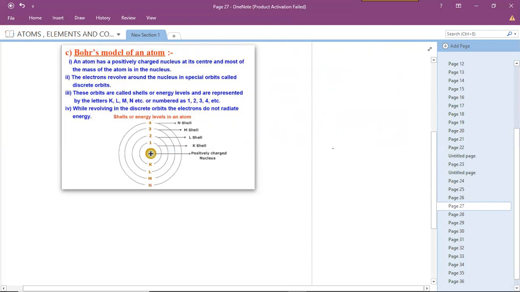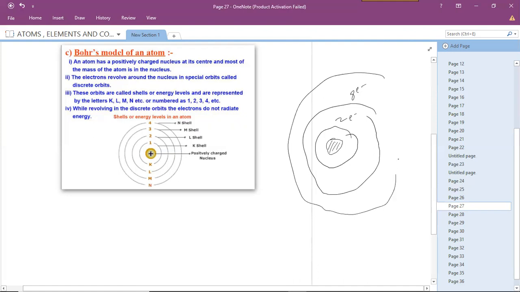The atom consists of a nucleus, and the first energy level occupies only 2 electrons. The second energy level occupies 8 electrons, then the third 8 electrons. So your electronic configuration in high school goes like 2, 8, 8, 8.